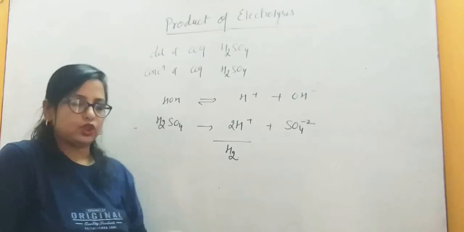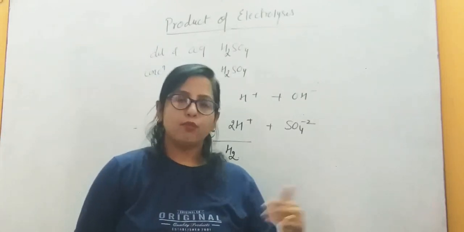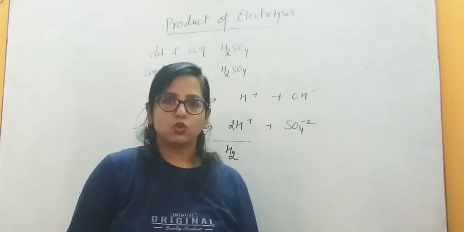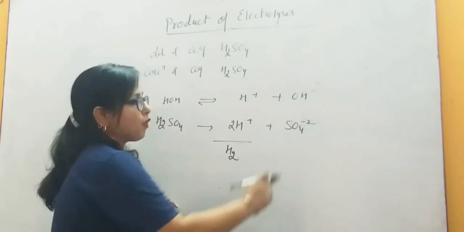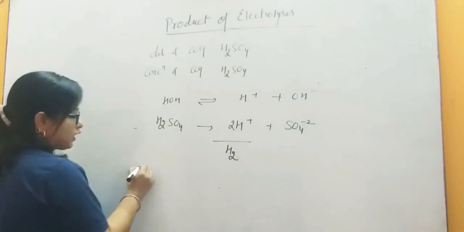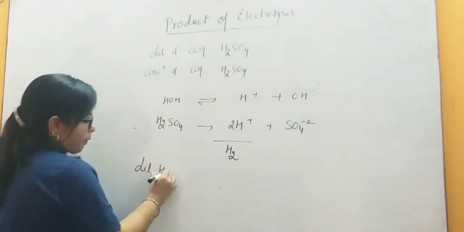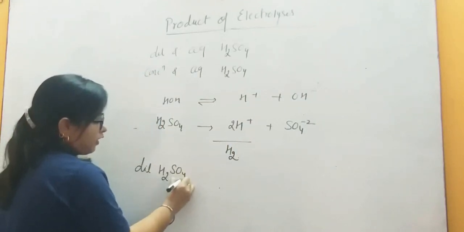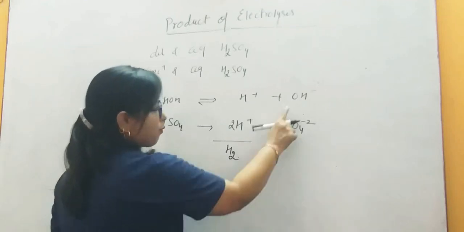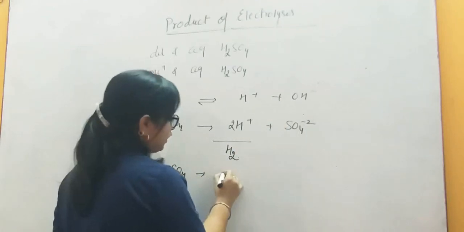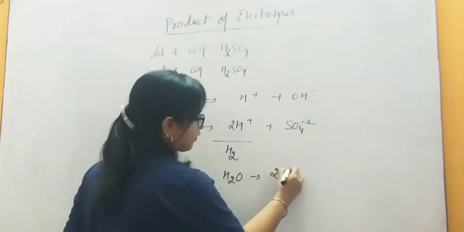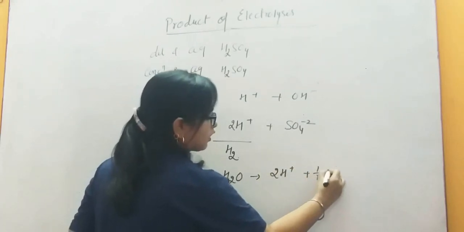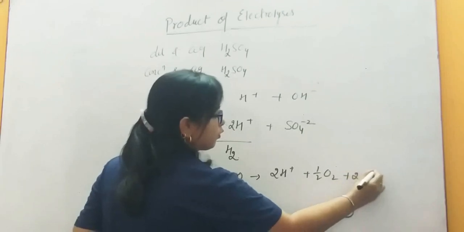But if the solution is dilute, it contains more OH minus ions, so they are easily oxidized to form oxygen. So in case of dilute H2SO4, oxidation of water occurs and it makes H plus ion and oxygen with removal of 2 electrons.